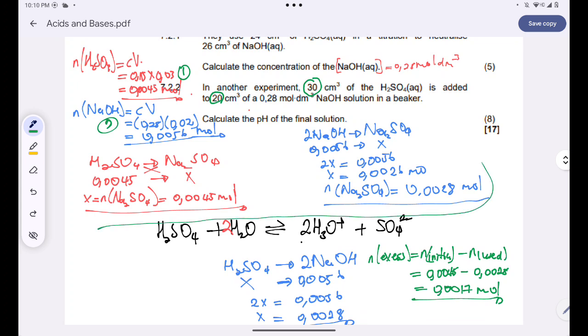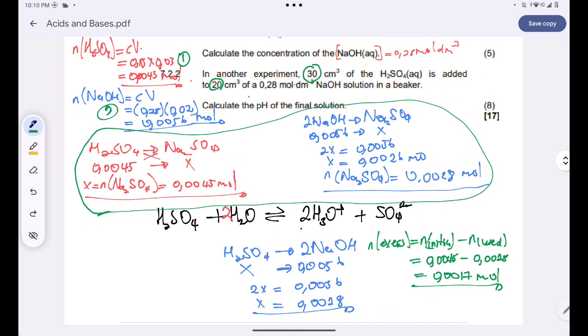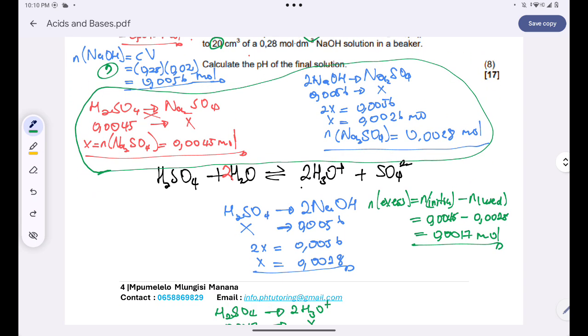When I know which substance is the limiting reagent, I will know which one is in excess. The sodium hydroxide was the limiting reagent because if it was completely used up, it would give me the smallest amount of product. So sulfuric acid is the reagent in excess.